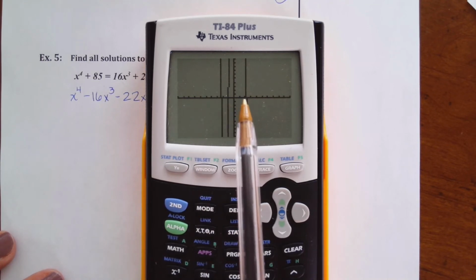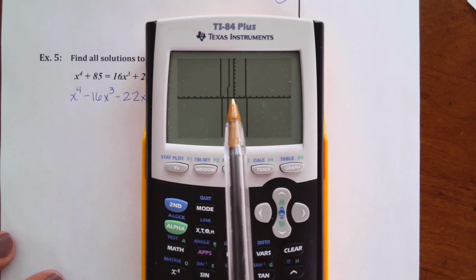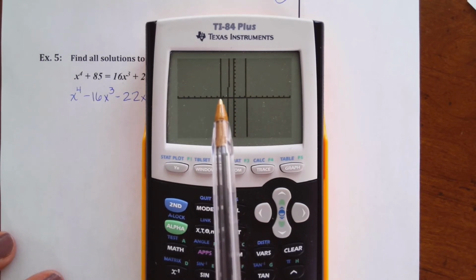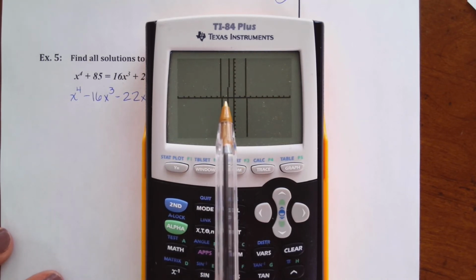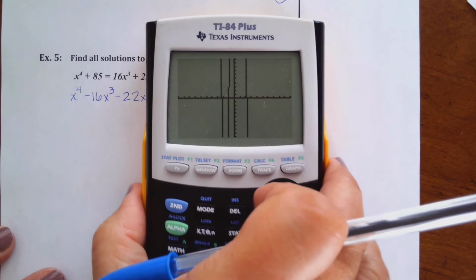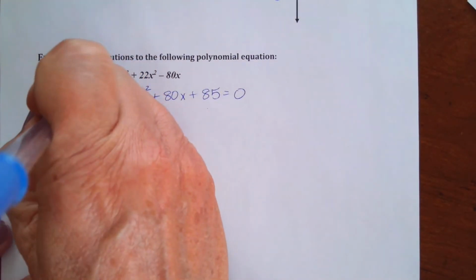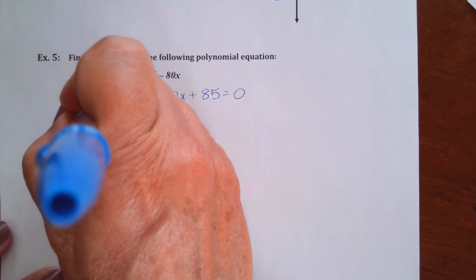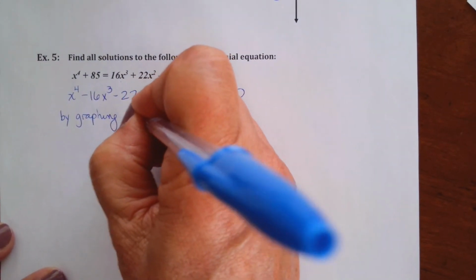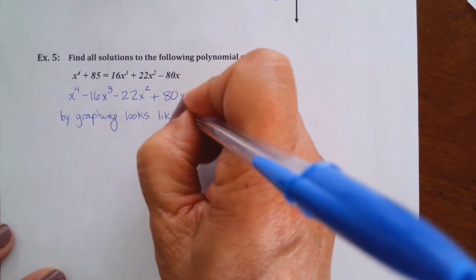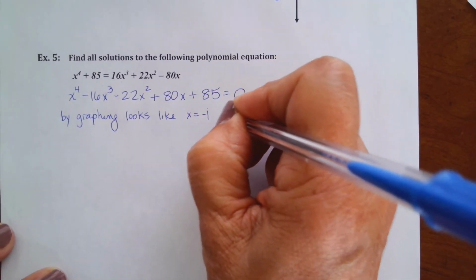So this doesn't quite look like it's crossing at a whole number, but right here that does. That looks like -1. This is not a whole number right here. So I'm going to start by looking at this graph and starting with my assumption that -1 is a root. Okay, so I'm just going to write here by graphing, it looks like x equals -1 is a 0.